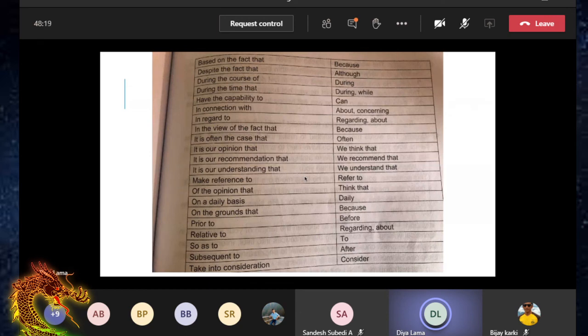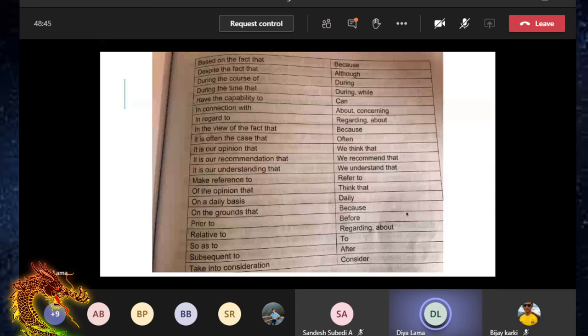So what I've noticed is when you're giving an explanation about something extra, instead of writing all these things, in view of the fact, on the grounds, always write because, right? Because is short.